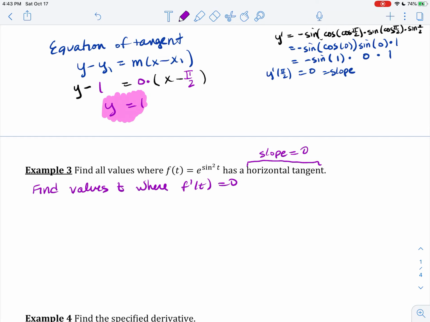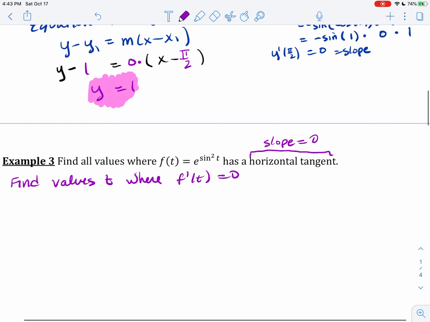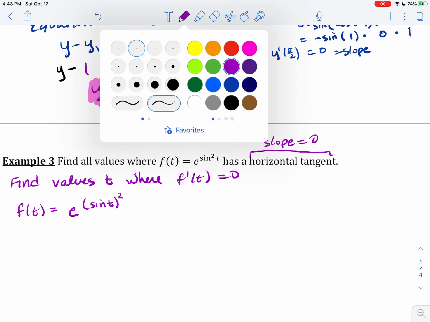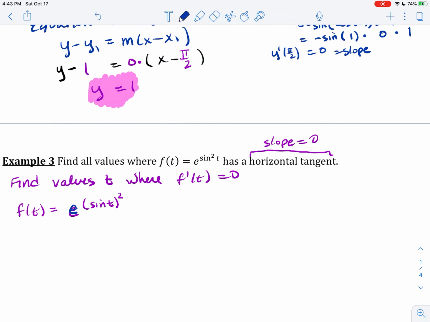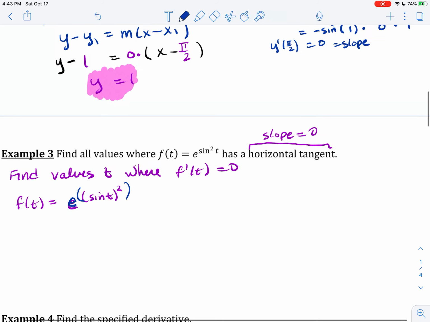And so first we have to find our derivative, and our derivative here is a composition of functions, but it's actually a composition of a composition, because our f of t is equal to e to the, and if I rewrite sine squared t as sine of t squared, my outside function is really e to the x, right?